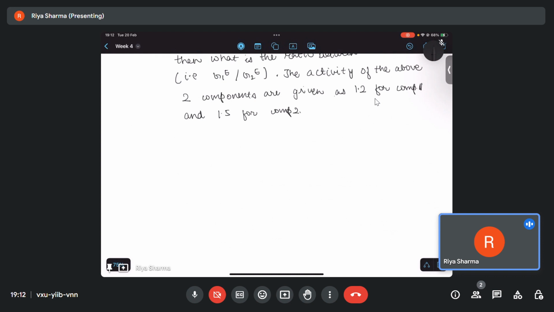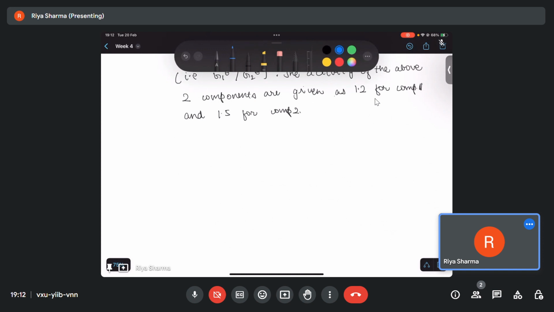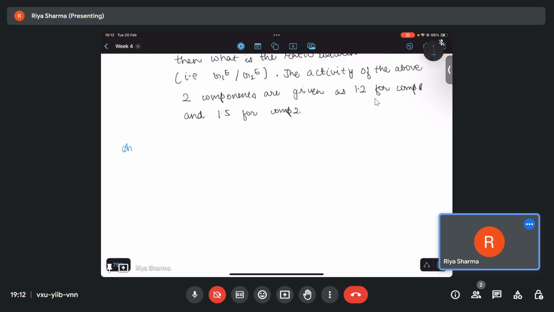So let's start this. We already know GE by RT is equal to sigma of x_i ln gamma_i.